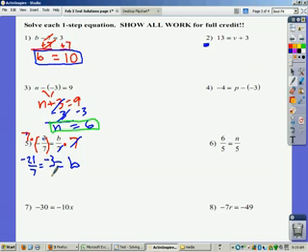Another way of looking at it: just like on the right-hand side the 7s canceled out, these 7s will actually cancel out. And what you have left on that side is just negative 3. Make sure you don't forget that negative sign. Without that, you would get B equals 3, and you would only get partial credit. Anyway, there's the answer. B equals negative 3.